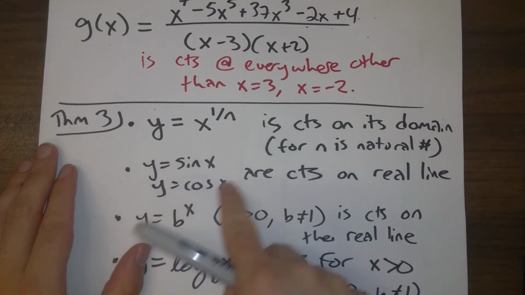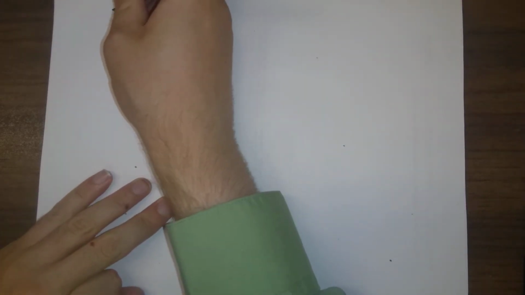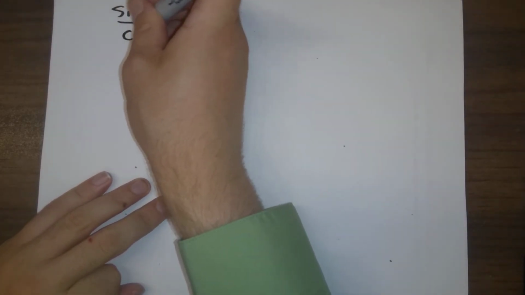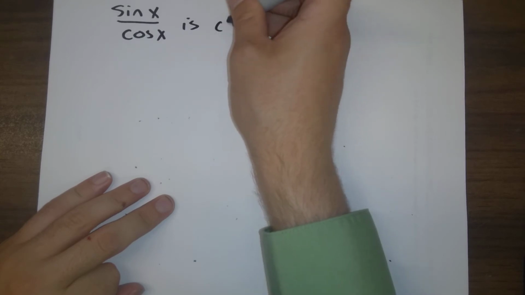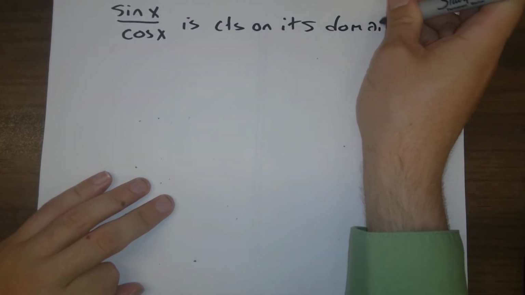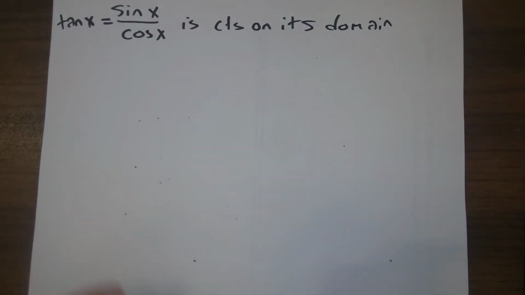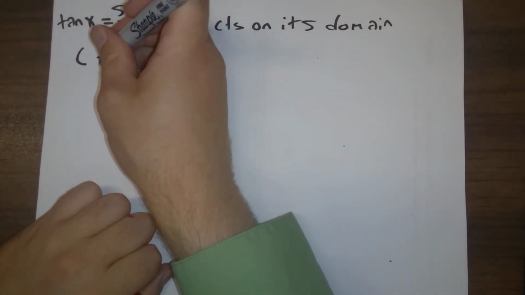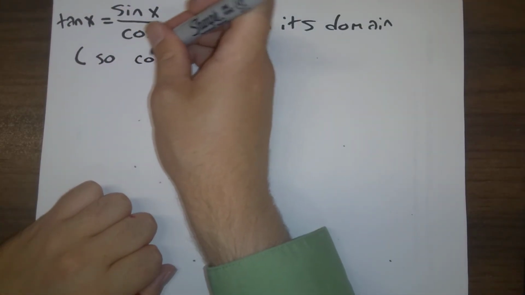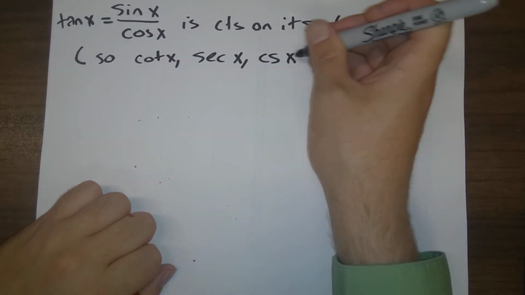Let's see, what else can we do with this? Sine x and cosine x are continuous, so we can combine those to say that sine x over cosine x is continuous on its domain. And of course, what is sine x over cosine x? That's tangent x. Similarly, we also have cotangent x, secant x, and cosecant x.